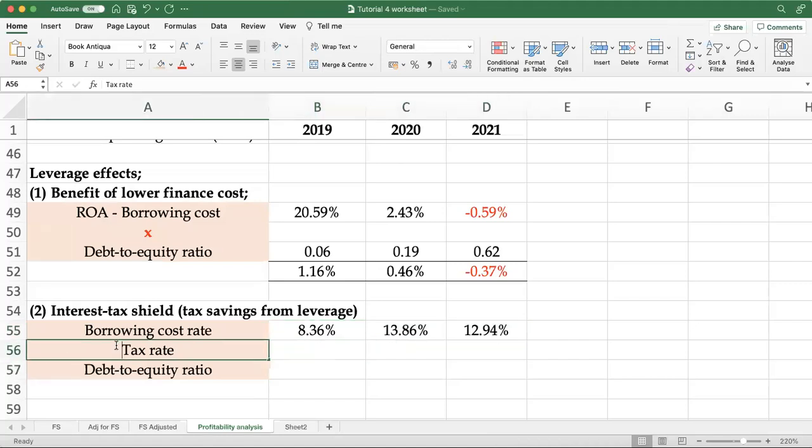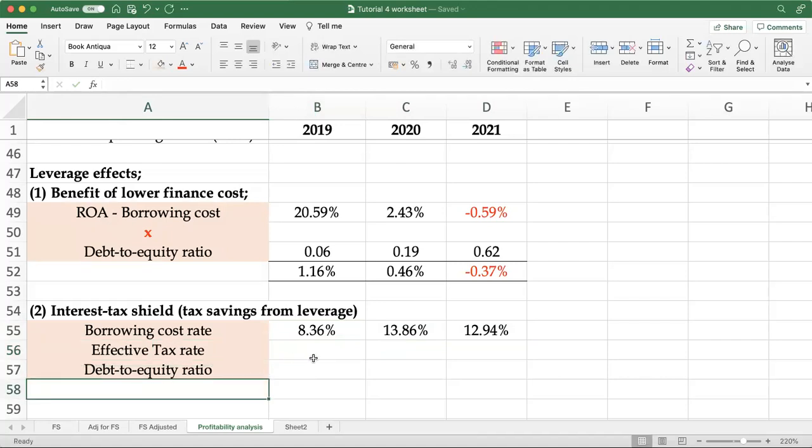For the tax rate, here we should take the effective tax rate. You can remember we got the effective tax rate last time.